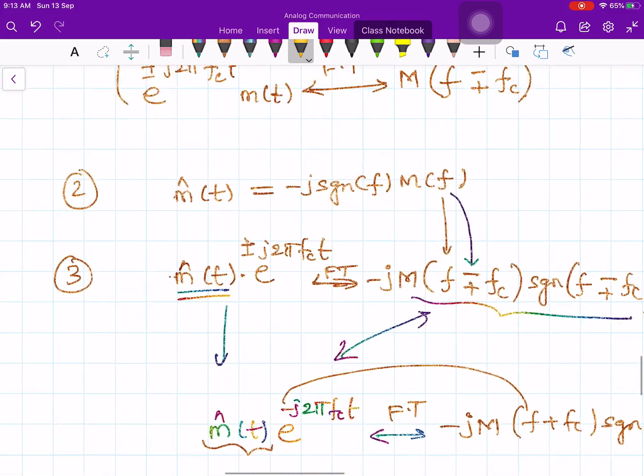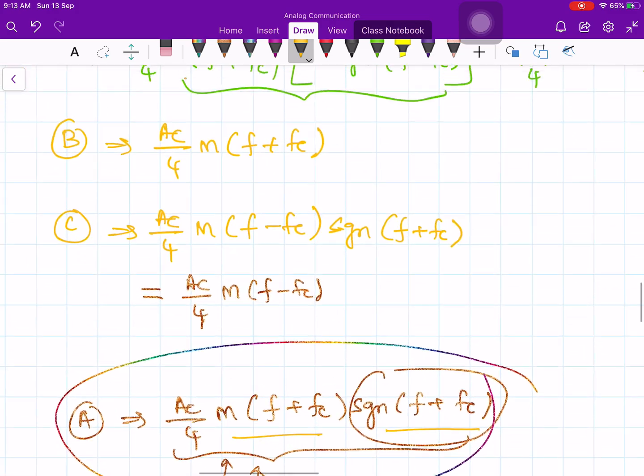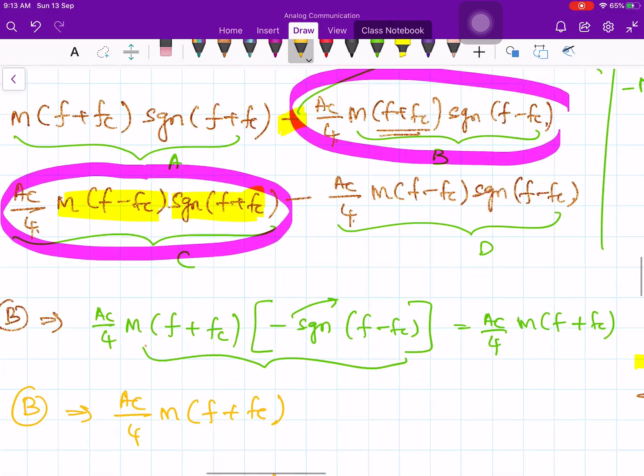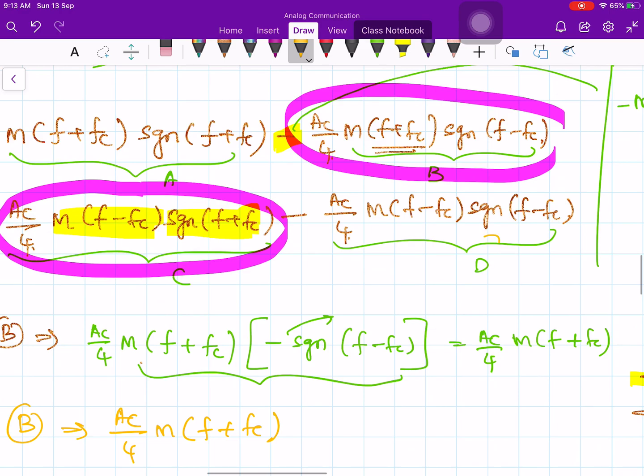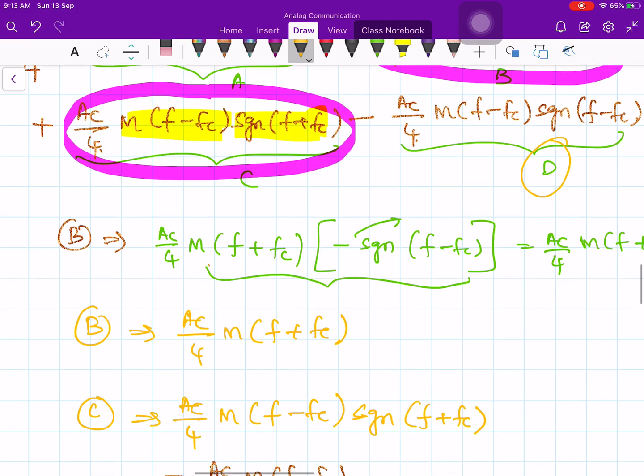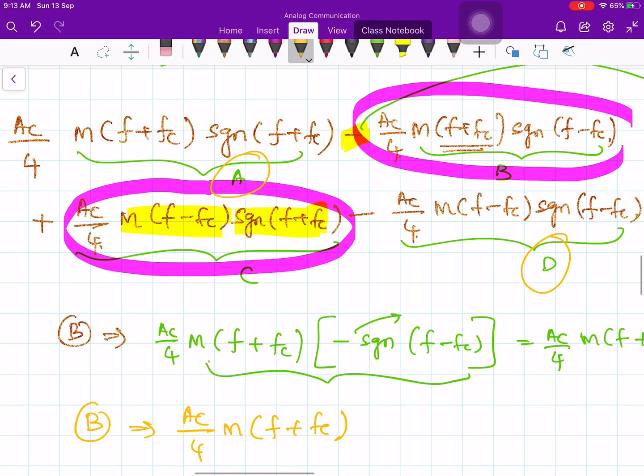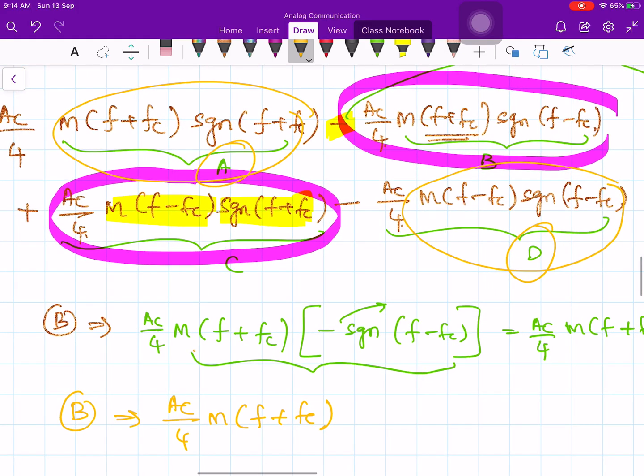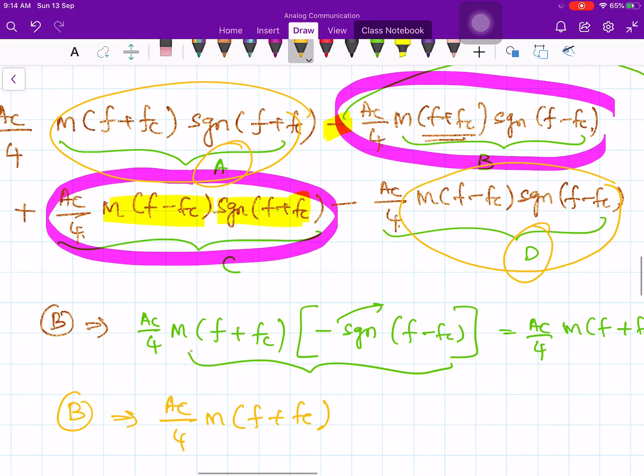And that one is precisely the D term. So we are taking the A term and the D term: m of f plus fc times signum of f plus fc, and then m of f minus fc times signum of f minus fc. And there is a minus sign here.